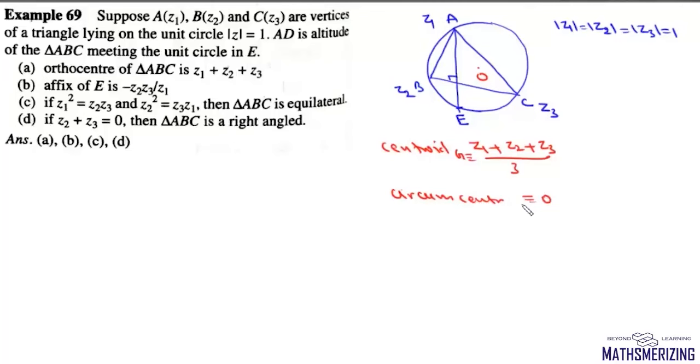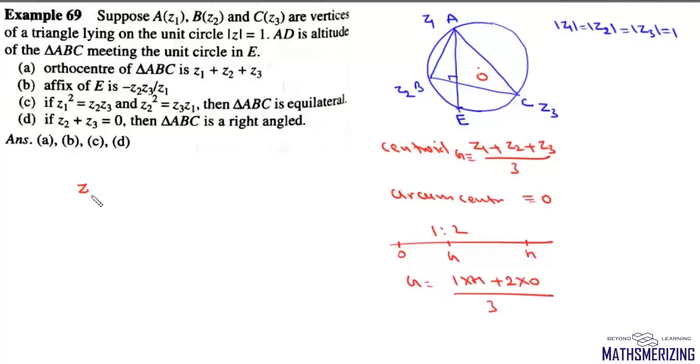Now once we have G and O, we can find H. Now we know that G divides OH in the ratio 1:2. So we can write G equals (1 into H plus 2 into O) upon 3. Now G is (Z1 plus Z2 plus Z3) by 3.